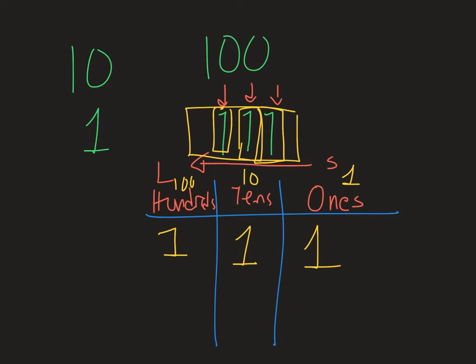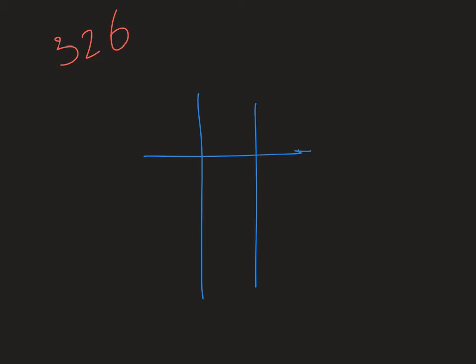Now, all of these seem very confusing because they're all the same number. Well, let's quickly work out a different example of a different number. Here we're going to put our place value chart, and we're going to do the number 326. Let's go ahead and draw something that mimics our place value chart.